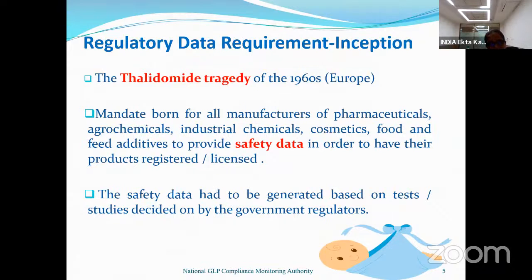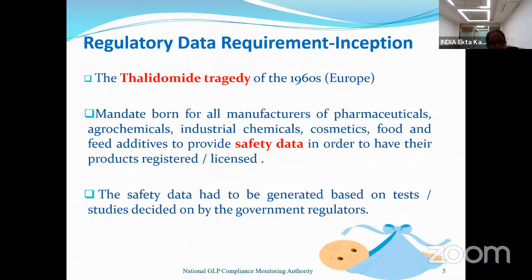At that time, the regulatory authorities went back to see what was the safety data generated on thalidomide. And to their surprise, they found that the safety data had not been adequately generated. And the drug had come into the market without being sure that the drug is safe to be taken during pregnancy.